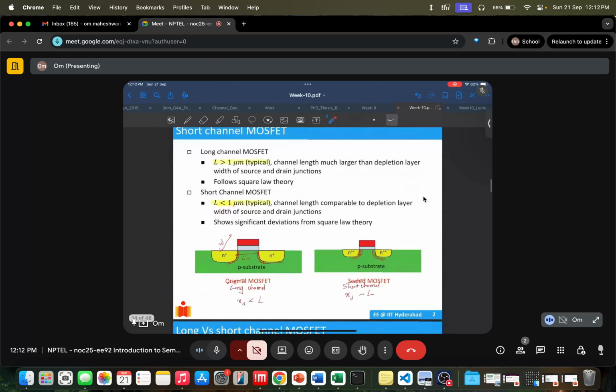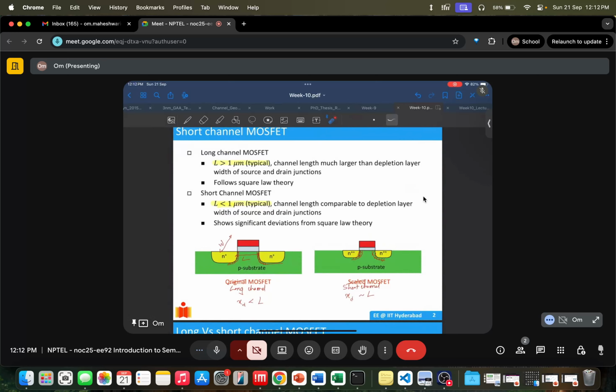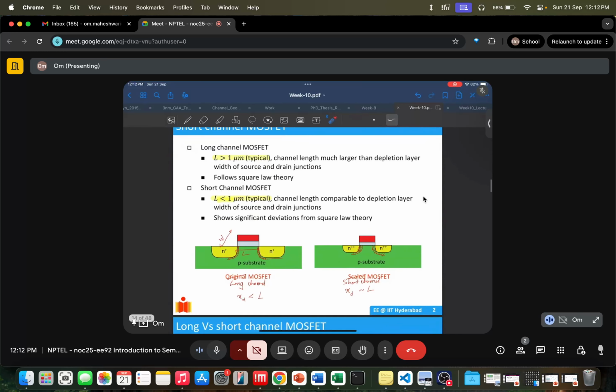Okay, so now let's talk about the short channel effects, which is a very important part of this course. These numbers typically don't mean much, but long length is typically considered more than 1 micrometer for modern transistors.